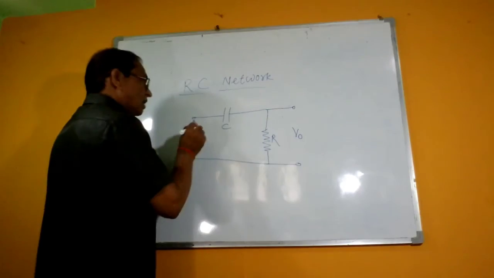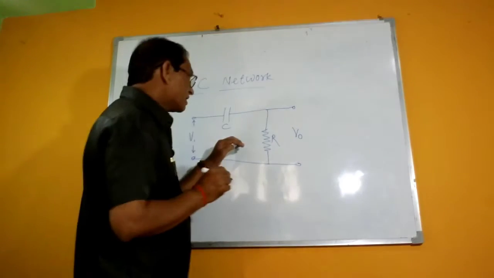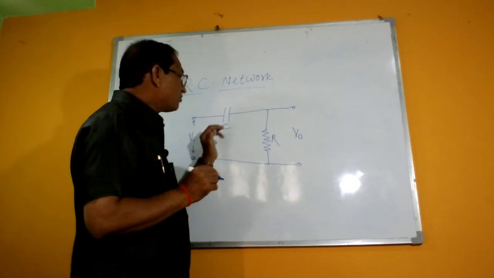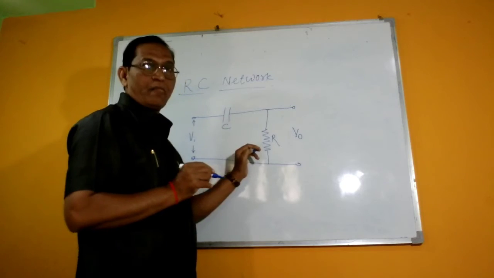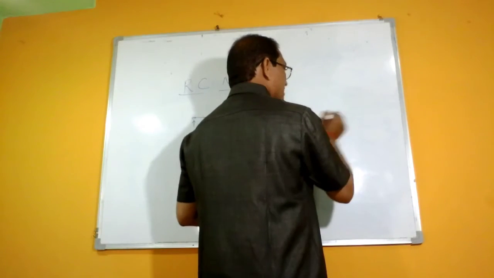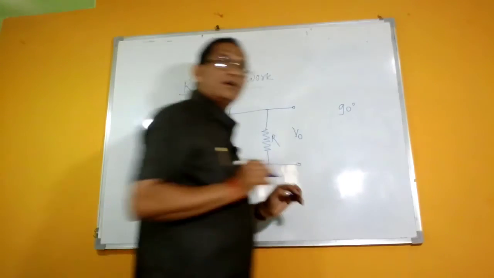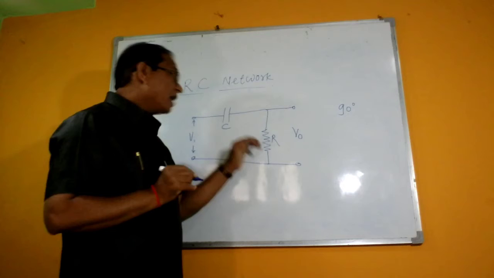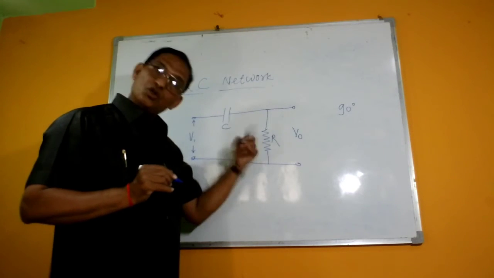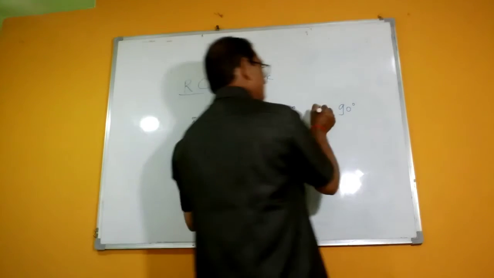Now, with elementary engineering, we have seen that a network which consists of C and R gives a phase shift. Normally, an ideal RC network gives a phase shift of 90 degrees, as we reduce the value of R to 0.